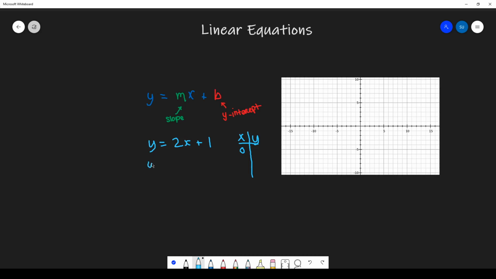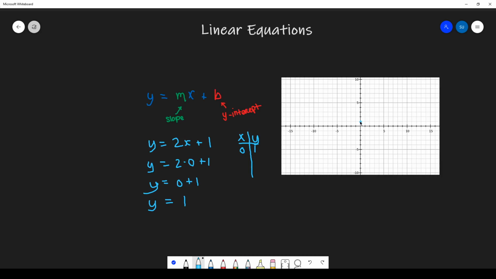So let me just write it out here. 2 times 0 plus 1. y equals 0 plus 1. So y basically just equals 1 in this situation. So our y value for the corresponding x value of 0 is 1. So that's going to be our first point, (0, 1).